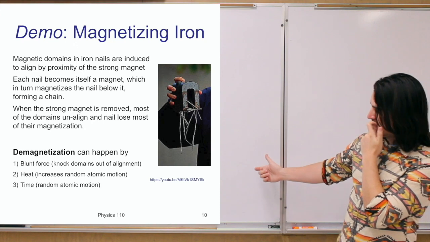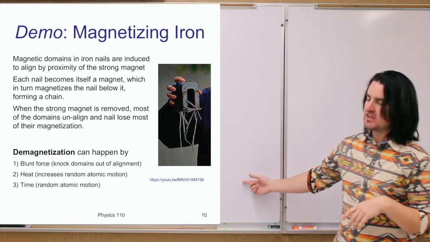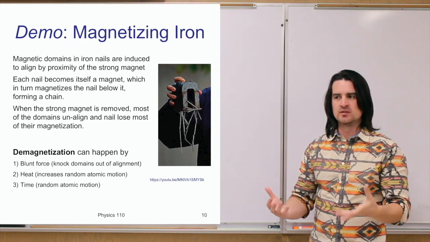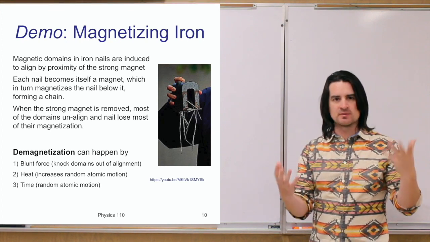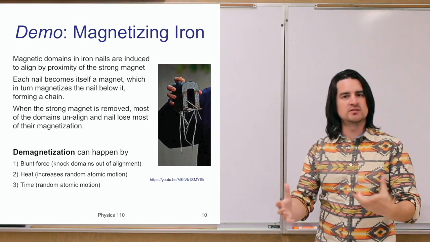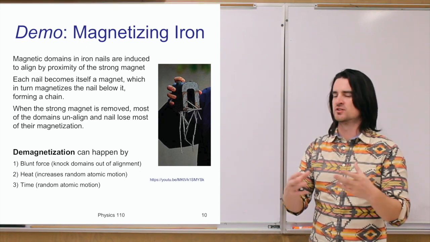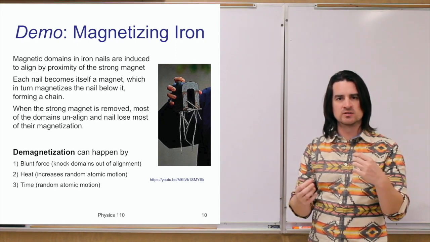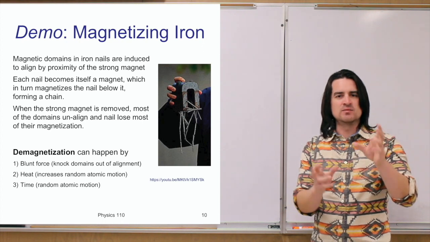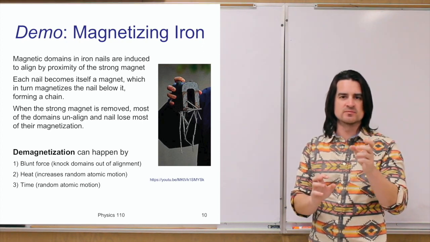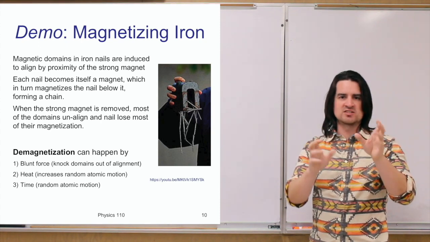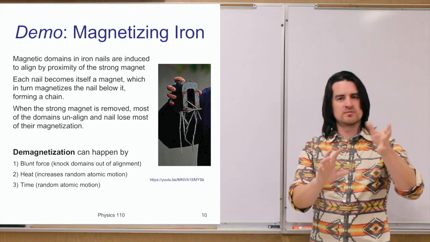Another way to demagnetize something is using heat. If you heat a bar magnet up, remember from our discussion of the atomic picture of matter, heat is basically a transfer of energy, and when you transfer energy into a material, the atoms tend to start moving more and more. So when you heat a magnet up, you're essentially adding more motion to all those atoms, and that motion tends to want to disalign those magnetic domains again.